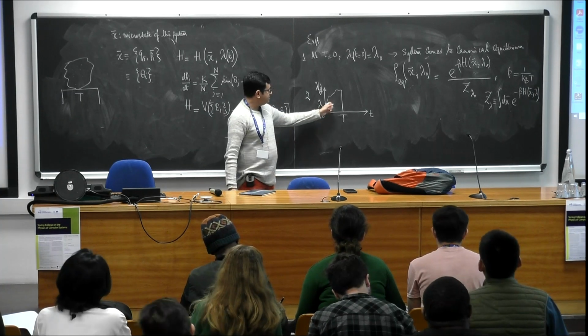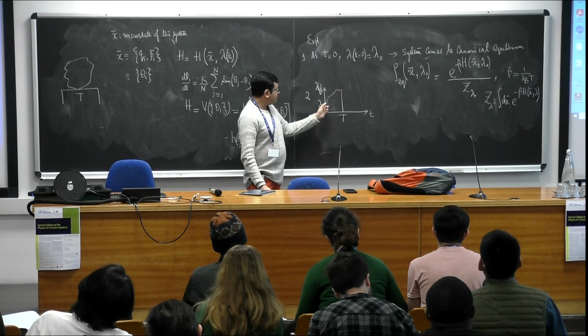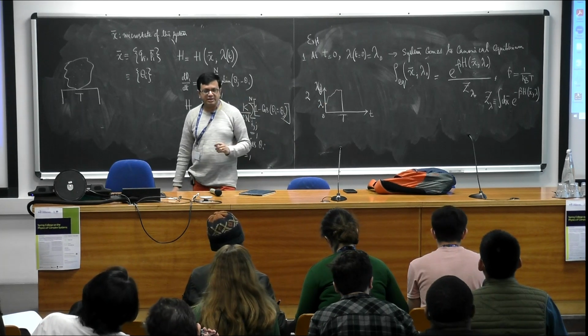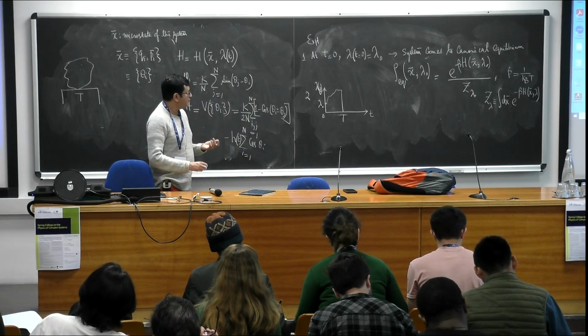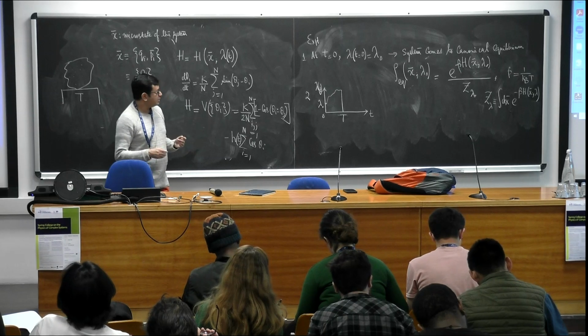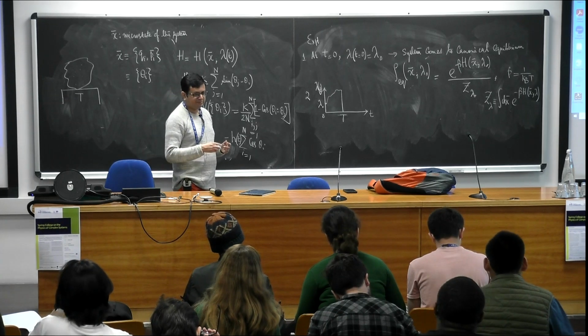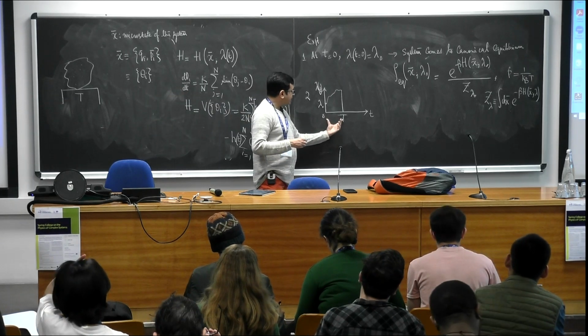Now I am changing the magnetic field. But I don't say that I change the magnetic field infinitely slowly or infinitely fast or anything. What I do is that I just change it according to my will over a finite time interval 0 to T.